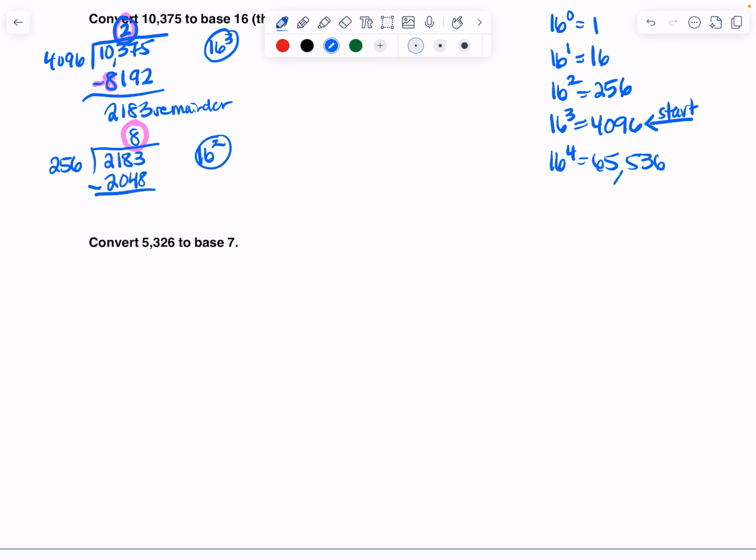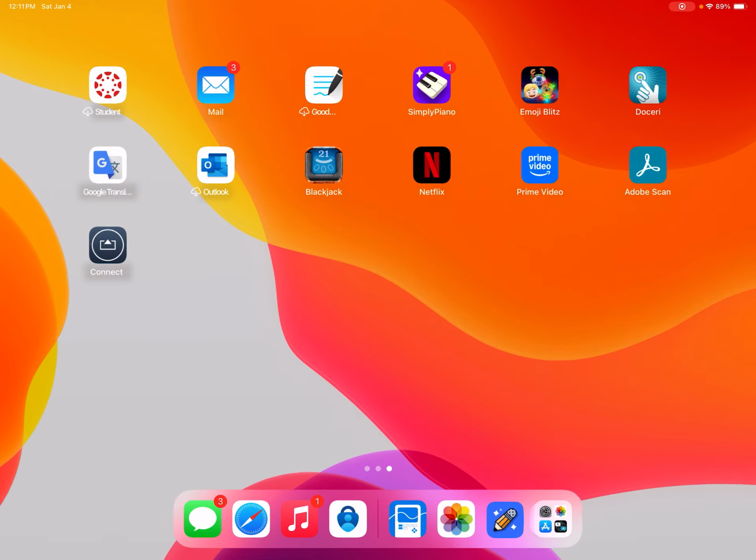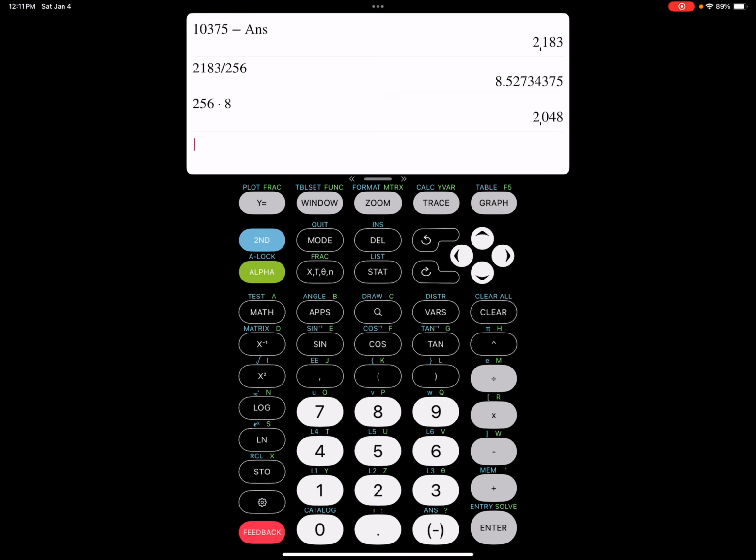And now I have to subtract 2048 from 2183. 2183 minus 2048, and when I do that, I get 135. Okay, so that's my remainder.